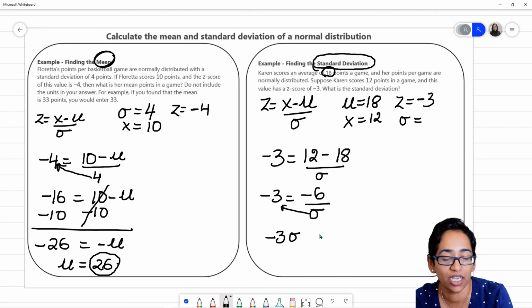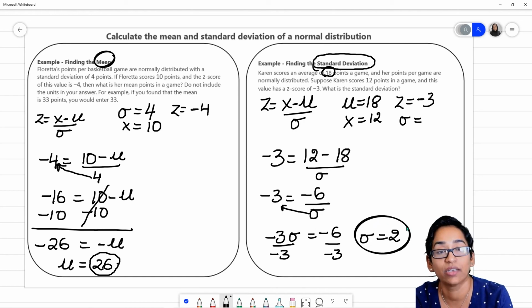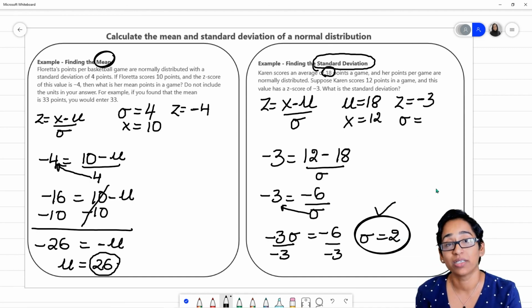Negative 3 times standard deviation is negative 6. Divide both sides by negative 3. So my standard deviation is positive 2. You cannot get a negative answer because your standard deviation always has to be positive. So please keep that in mind. And even if I did not do all this, negative 6 over what gives you negative 3? Positive 2, right? So my standard deviation is positive 2.